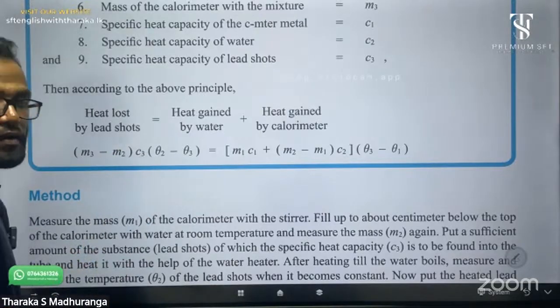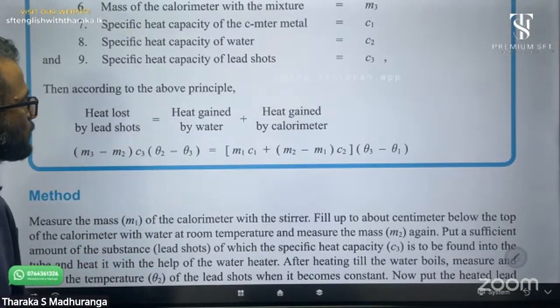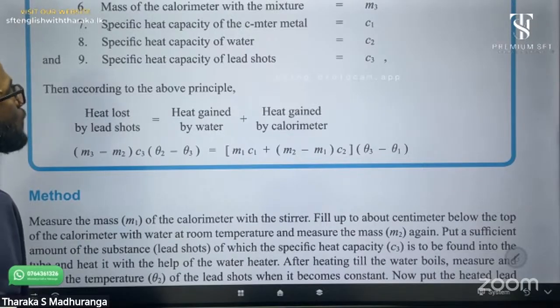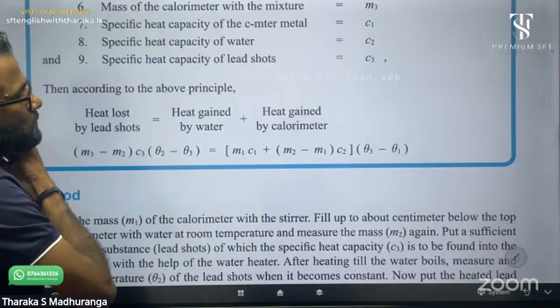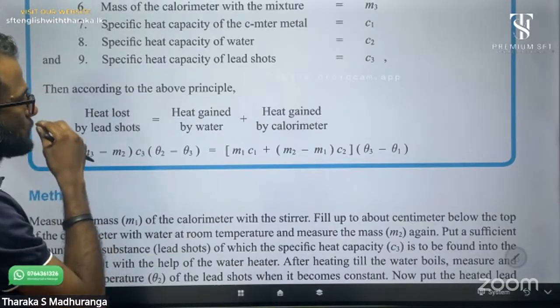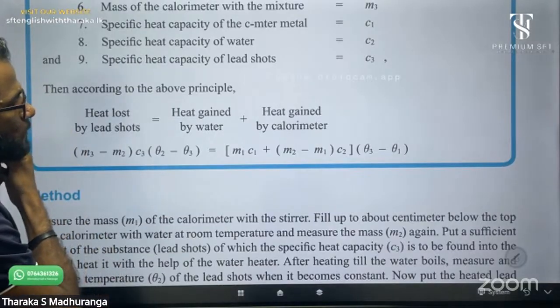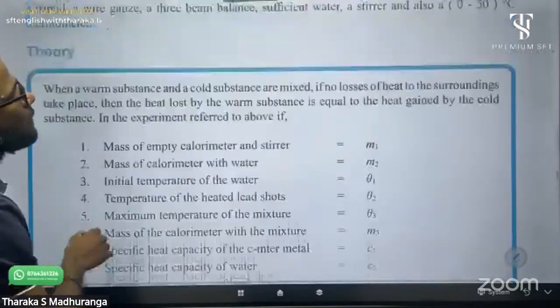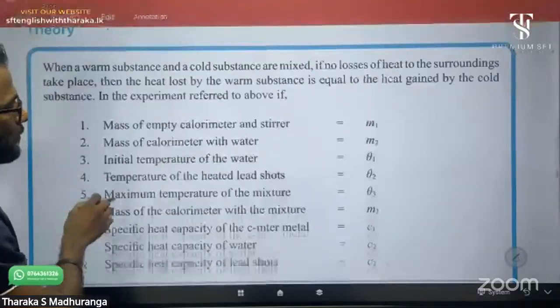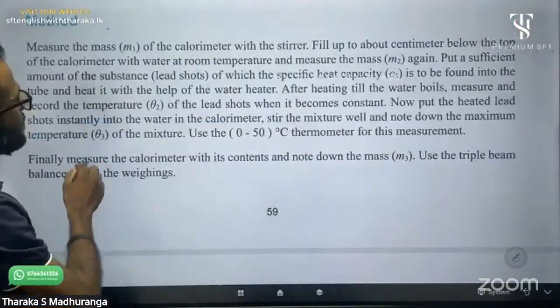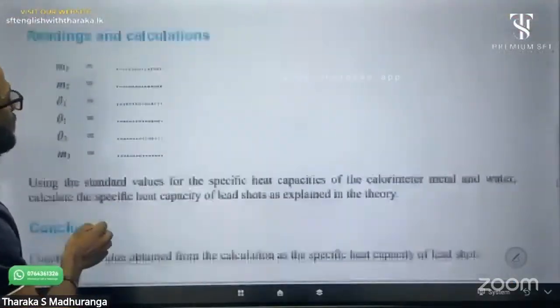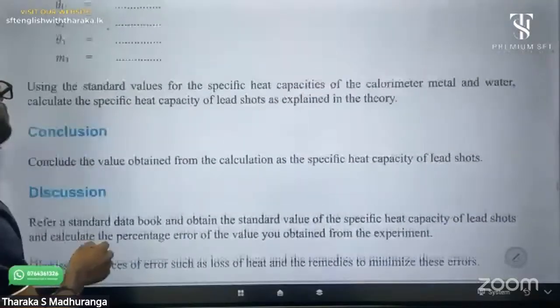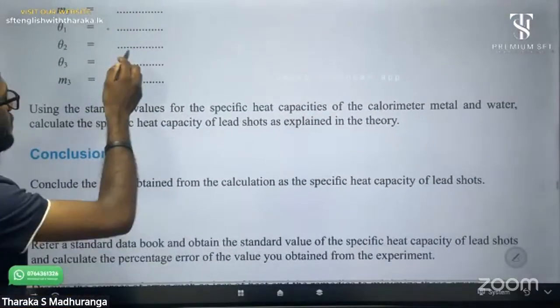C3 means the object's specific heat capacity. Yeah, the same thing is given. Okay, the method is given here, and the experiment data is given here.